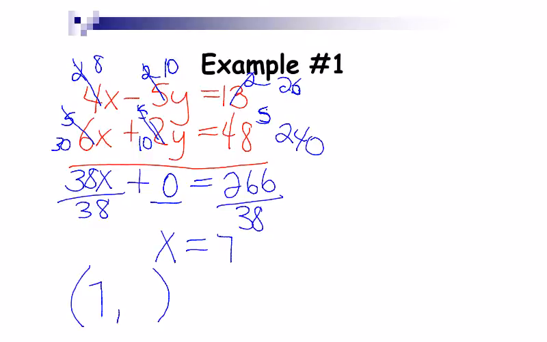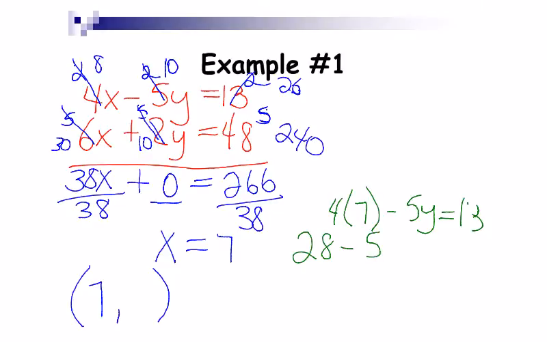In order to find what the y value is going to be, I need to plug in 7. And I just need to decide which equation I'm going to use. I think in this case, I'm going to use the top equation. So I'm going to multiply 4 times 7 minus 5y equals 13. Okay, so I'll have 28 minus 5y equals 13.